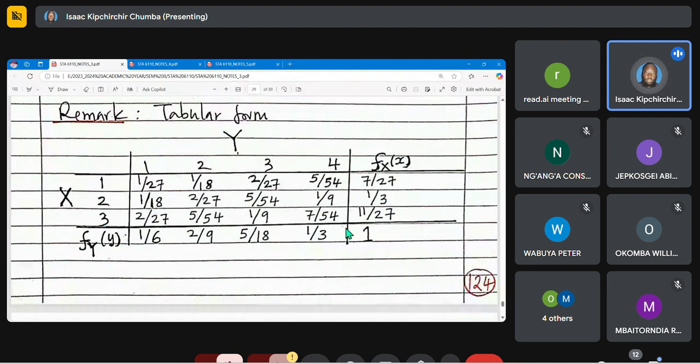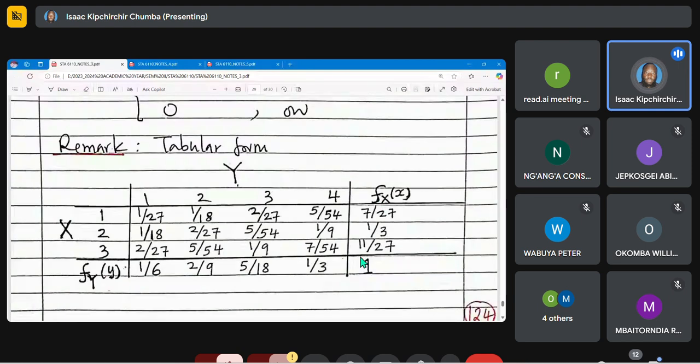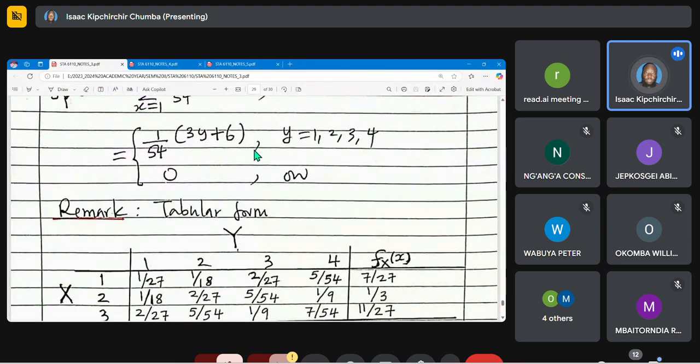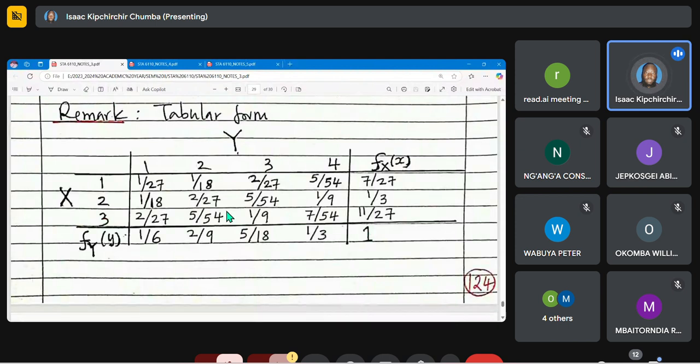So these probabilities are generated by this distribution, whereas these probabilities here are generated by this distribution. But you can see the same can be found by simply adding over y, along the row, to get the marginal of x, and summing over x, along the column, to get the marginal of y.